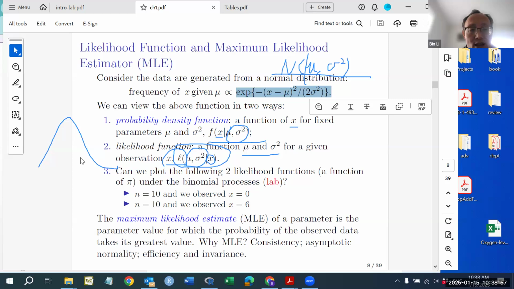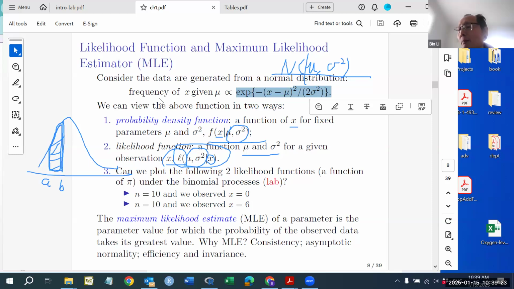Let's say you have this PDF curve for a normal. If we want to find the probability that x is within this range, you just integrate this PDF for x between, let's say, a and b. That integrated value is the probability of having x between a and b.